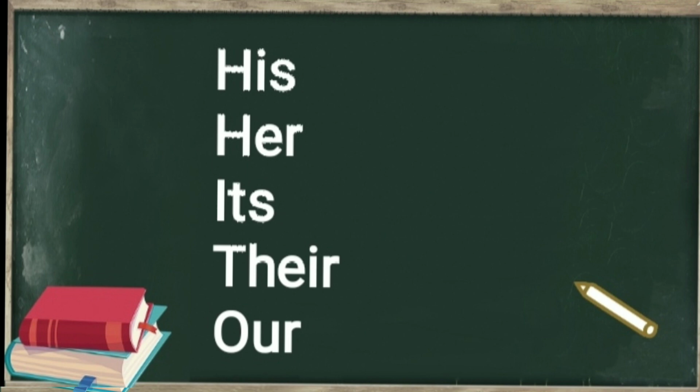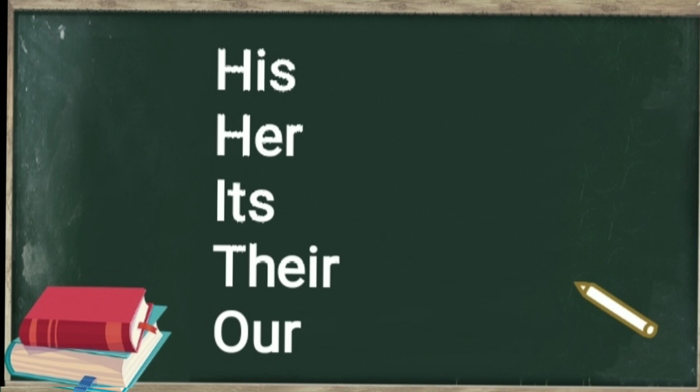Our is used when the things belong to many people including oneself. Our class. So even the speaker is also included in that group.